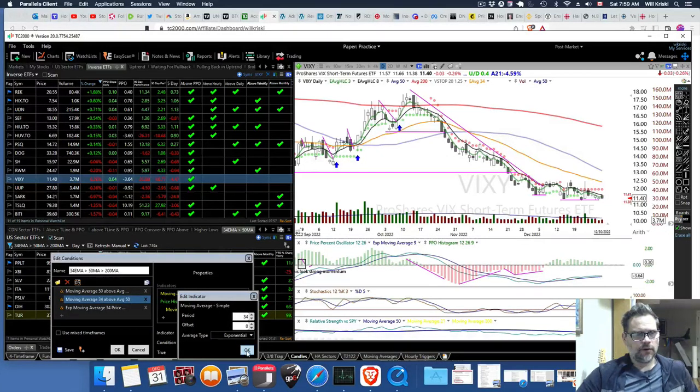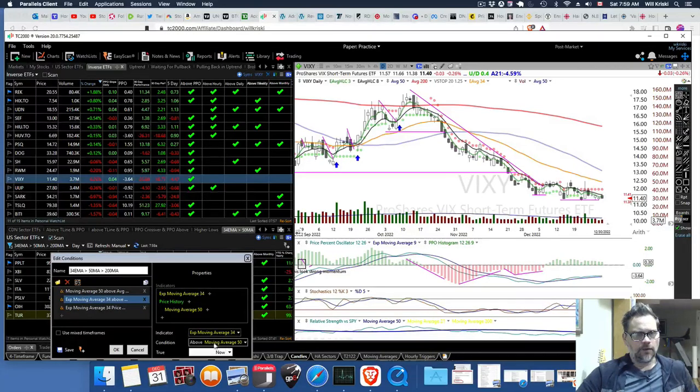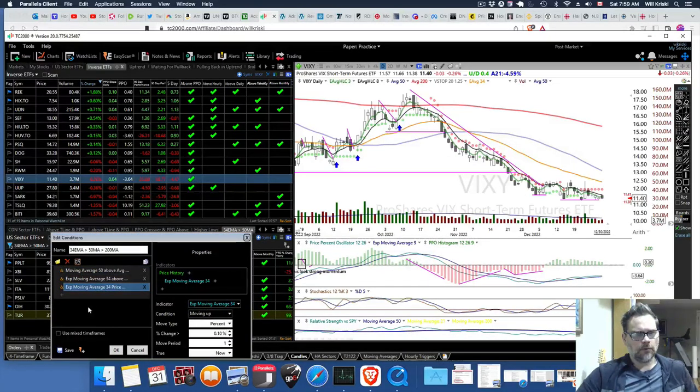So it's a 34 EMA greater than the 50, then the 50 moving average is greater than the 200. And then what I added was the 34 has a slope of 0.1%. So I just wanted to see that the 34 was moving upward.